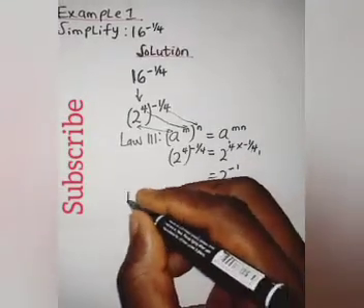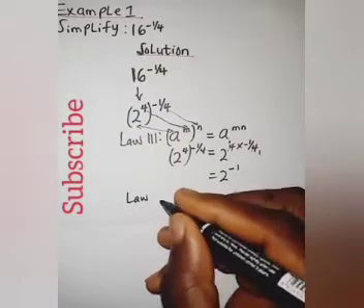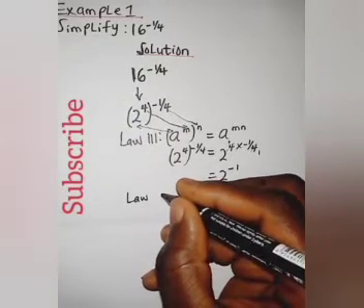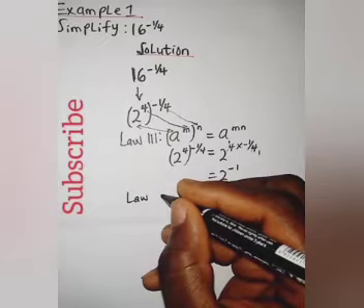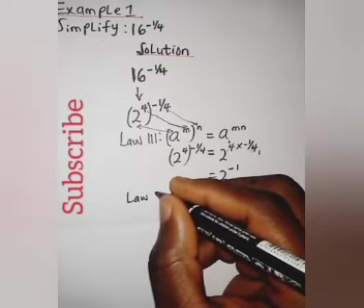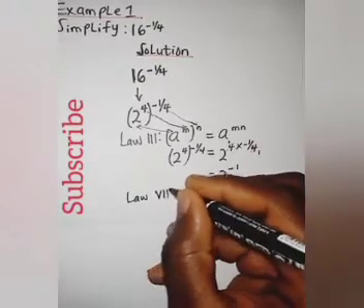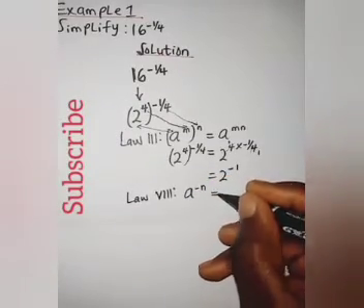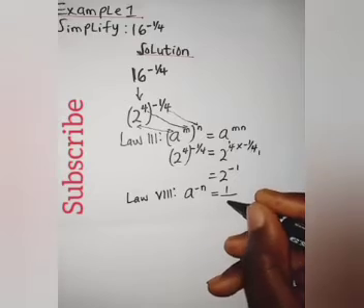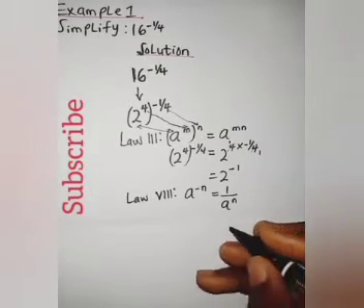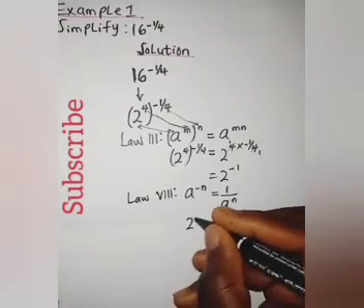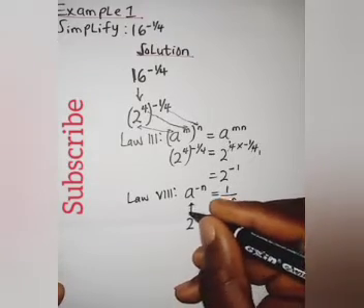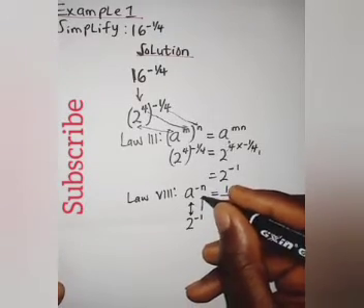There was another law I gave, law 8. Law 8 said any number raised to the power of a negative number means 1 over that number raised to the positive power. Comparing this again, a is like 2 here, and n is the power.